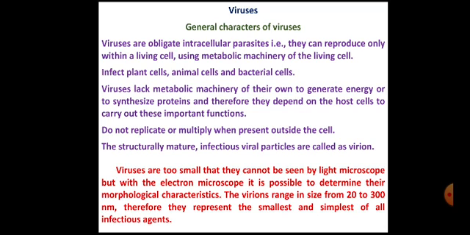Viruses are too small as compared to the size of a plant cell, animal cell, and bacterial cell. We measure the size of a plant cell, animal cell, bacterial cell, fungal cell, protozoa cell, or algal cell in micrometers, whereas the size of viruses is measured in nanometers.